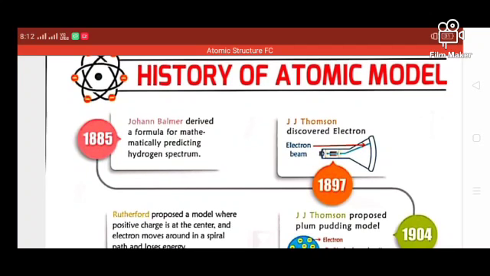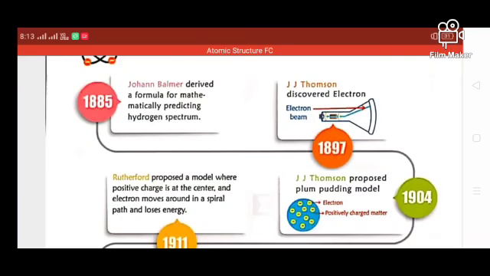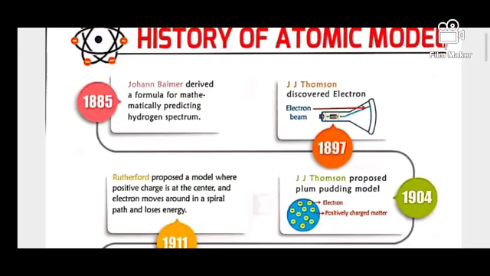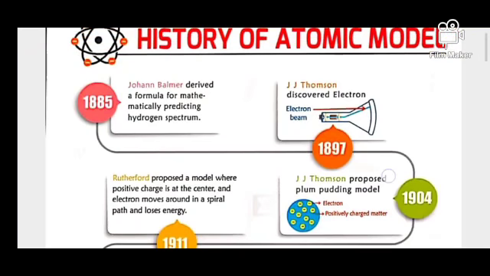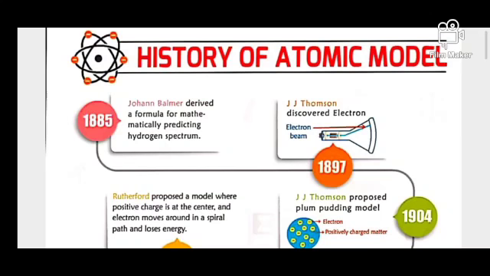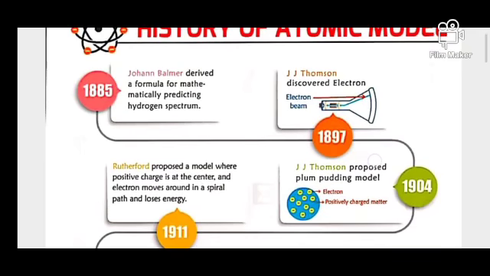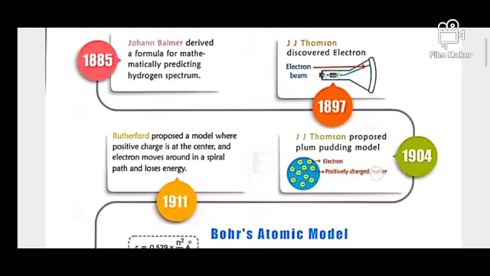After that, in 1897, J. J. Thomson discovered the electron. The basic thing is that J. J. Thomson's discovery of the electron attracted different scientists towards the discovery of protons, neutrons, and whatever subatomic particles were discovered after that. His discovery of the electron attracted all scientists towards the field.